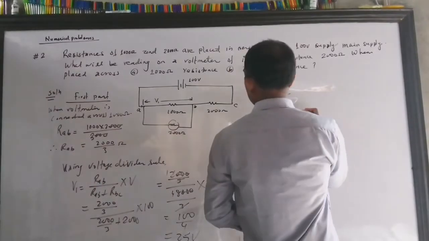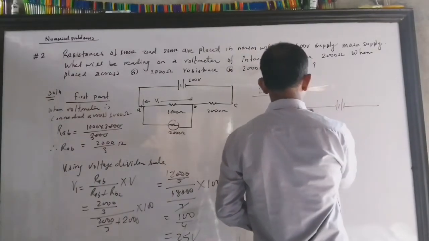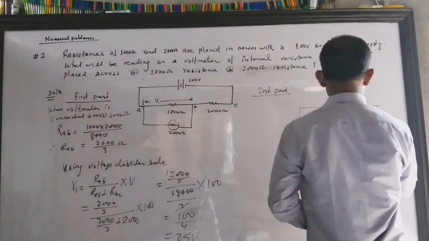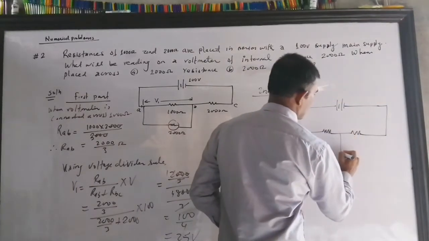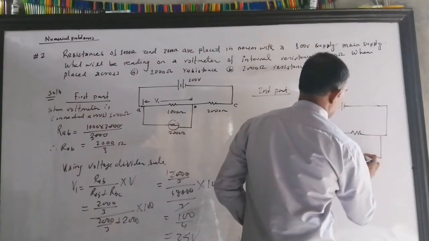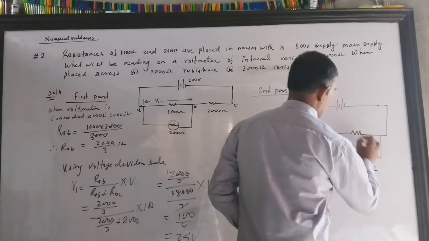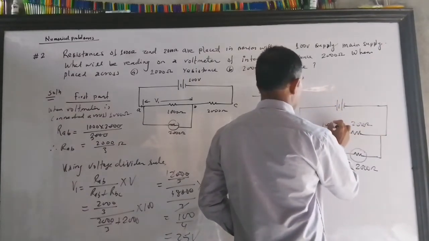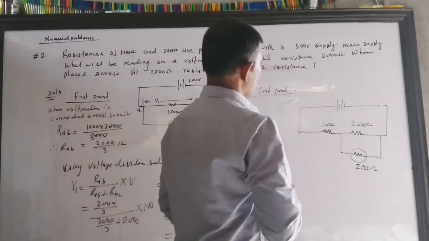This time we have the 100 volt source again here, and this 1000 ohm, and there is a 2000 ohm resistance, and you are connecting the voltmeter here. The voltmeter has a resistance of 2000 ohm, as you just learned. This is 1000 ohm, and this is the second part.